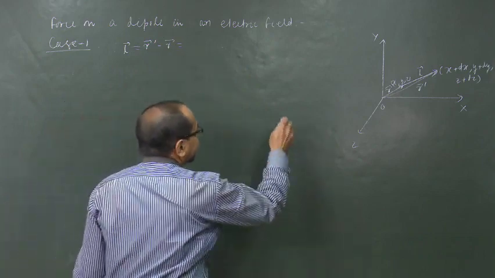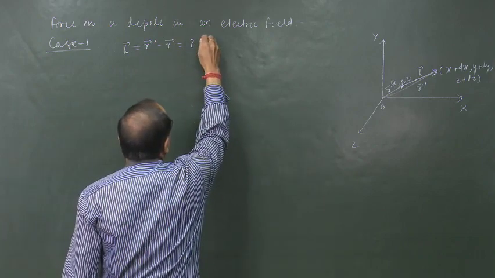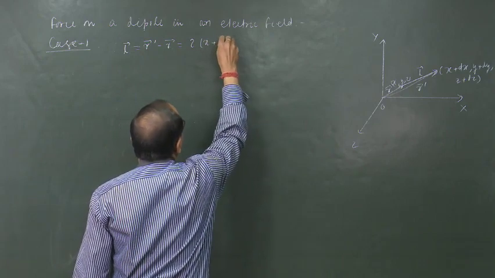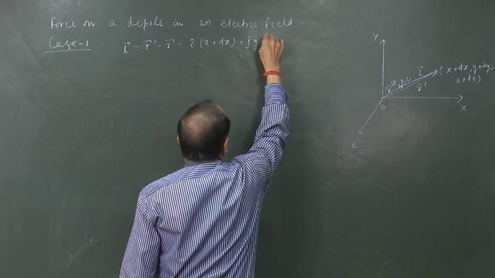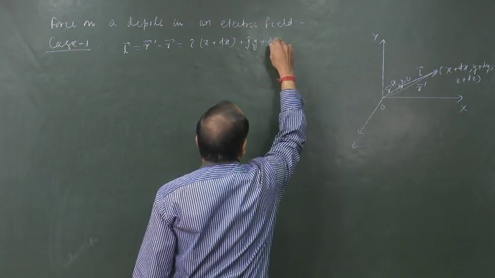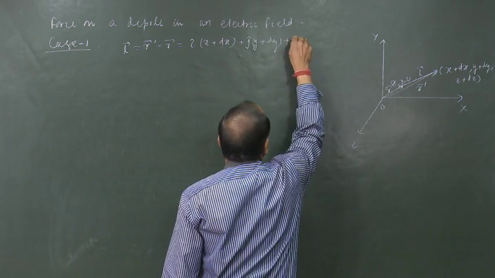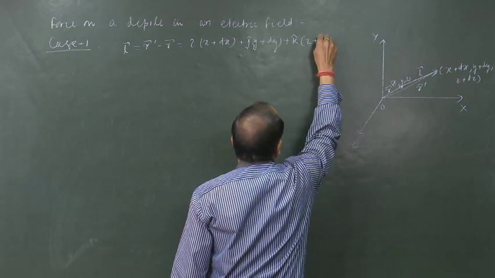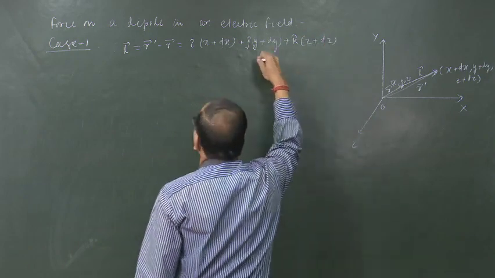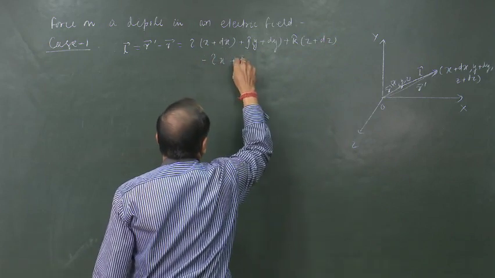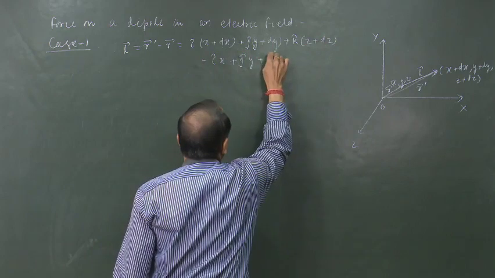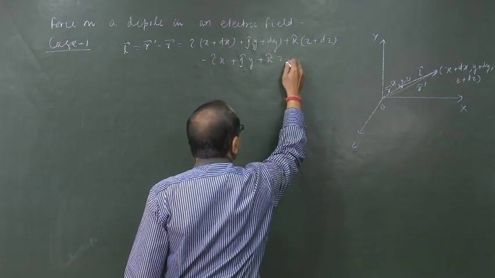And what is this? The r dash vector is i cap (x plus dx) plus j cap (y plus dy) plus k cap (z plus dz), minus vector r, which is i cap x plus j cap y plus k cap z.